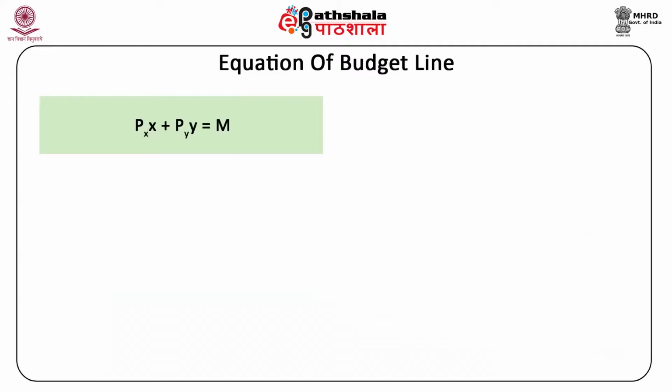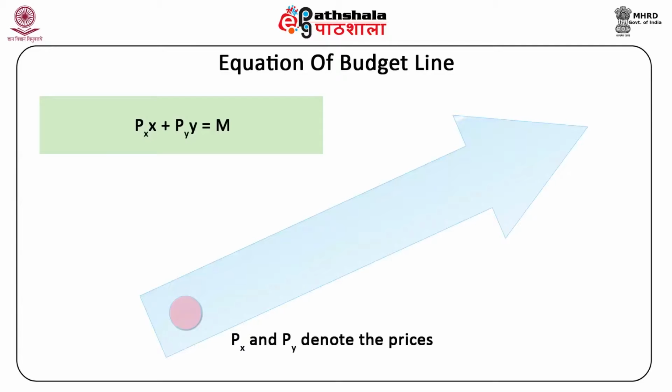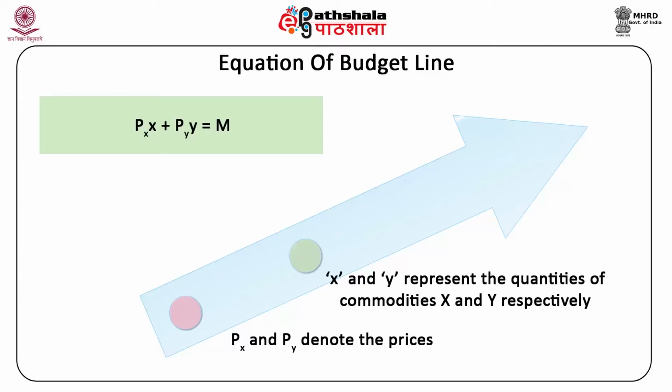Px into x plus Py into y is equal to m, equation 1, where Px and Py denote the prices and x and y represent the quantities of commodities X and Y respectively, and m stands for money income.